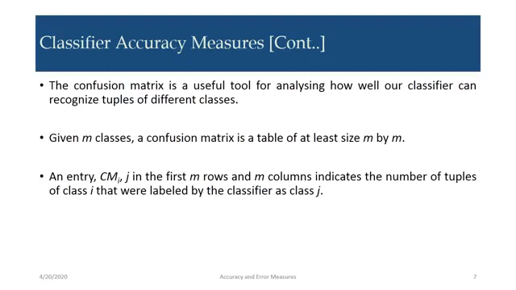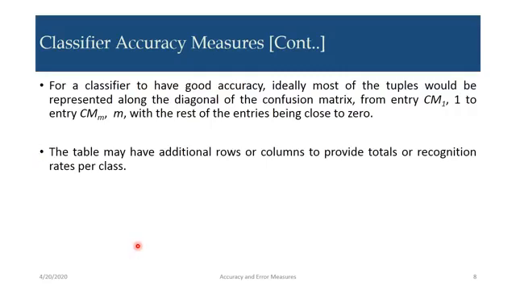So how many tuples and how many classes you have is shown here. For a classifier to have a good accuracy, ideally most of the tuples would be represented along the diagonal of the confusion matrix, from entry CM 1,1 to entry CM m,m, with the rest of the entries being close to 0. This is easily understood in the confusion matrix in the next slide. The table may have additional rows and columns to provide totals or recognition rates per class.